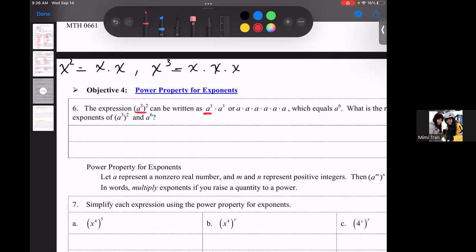So that's a long way. A shorter one is we can use the power rule. All you do is take the power on the outside, multiply it with the power on the inside, then you're done. A to the 6th. So the rule is that if I have a to the m in parentheses and outside is to the n power, I can multiply the two powers, a to the m times n.